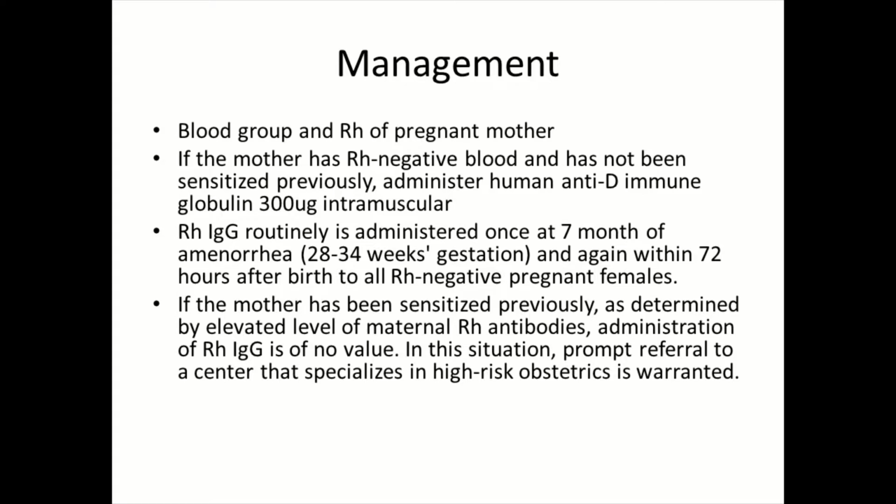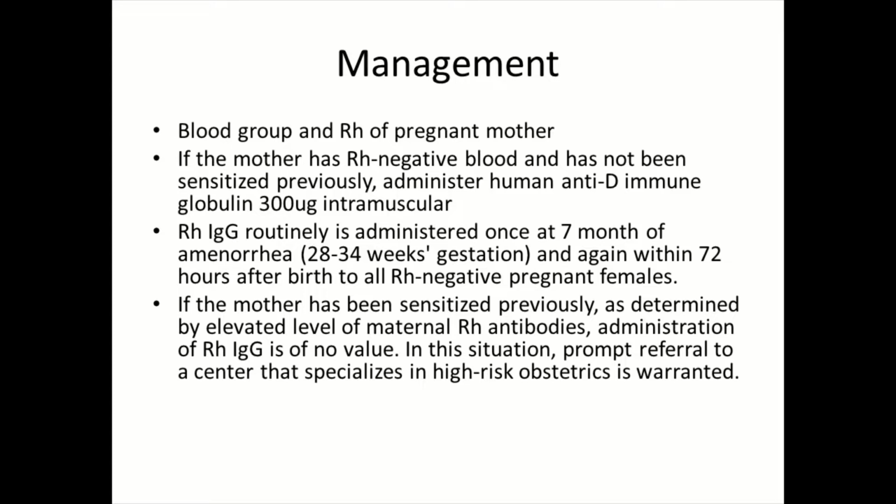But if the wife is Rh negative and the husband is Rh positive, there will be a chance of conceiving an Rh positive baby. So the mother should be checked whether she is sensitized or not.